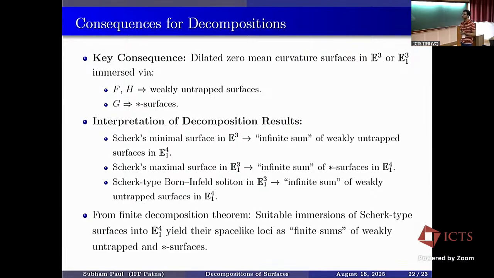From the finite decomposition theorem, we can see that if we use these suitable immersions, then the Scherk-type surfaces in E^4_1 yield their space-like locus as finite sums of weakly untrapped and star surfaces.